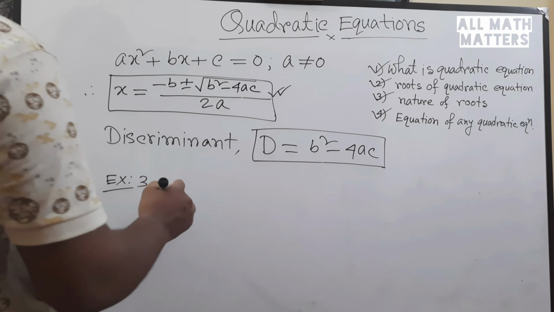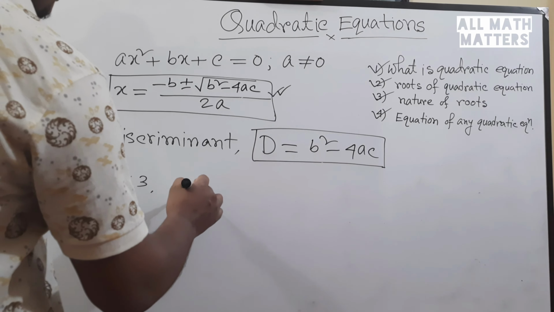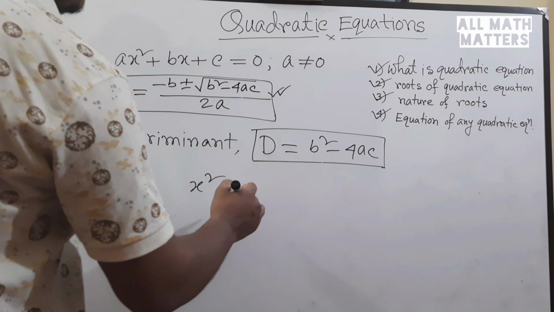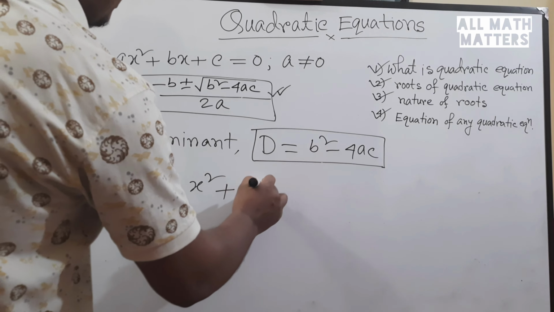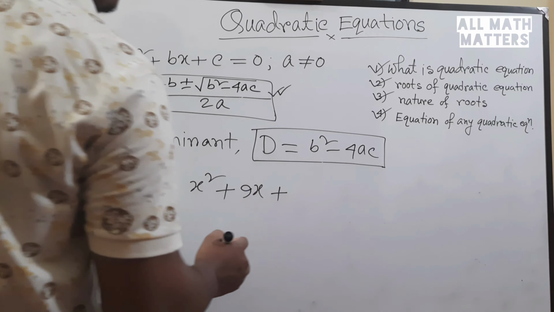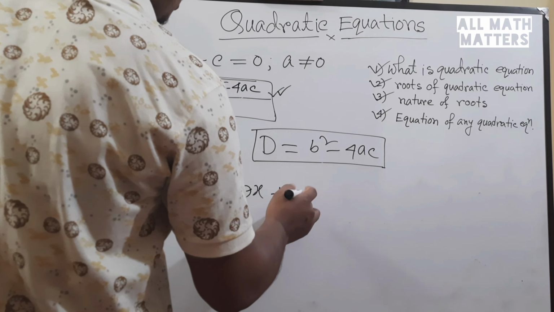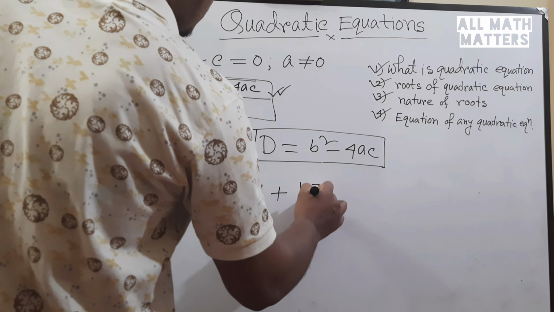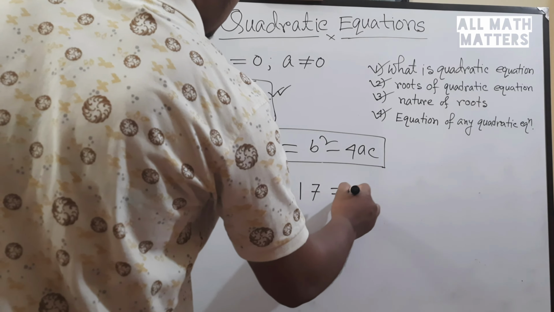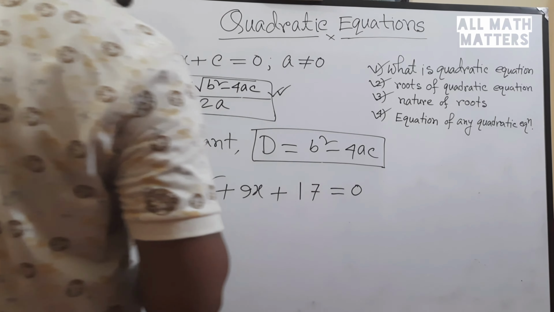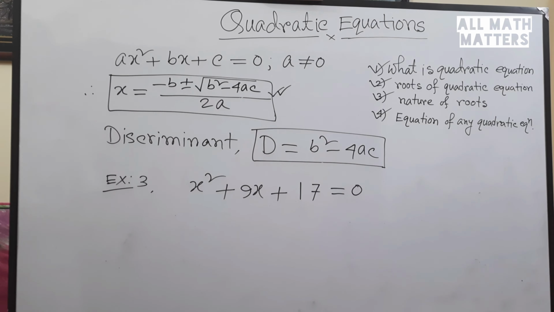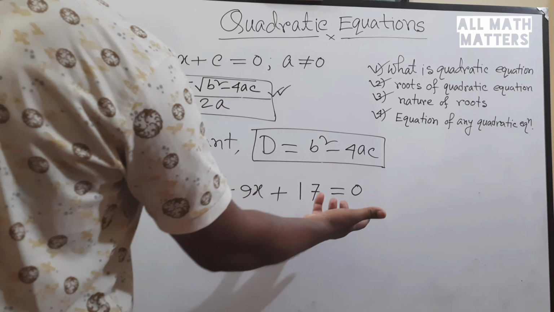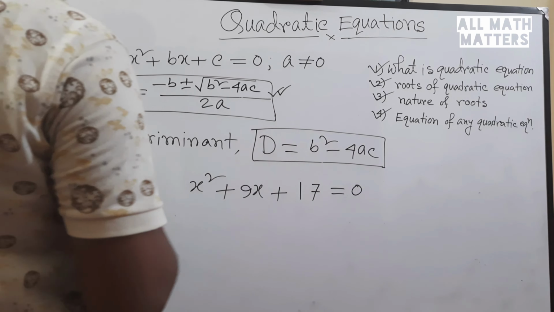If we consider a quadratic equation like that, x square plus 9x plus 17 equals 0. So then what will be the roots of this equation? Just I am randomly taking an equation, then I don't know what will be the discriminant.